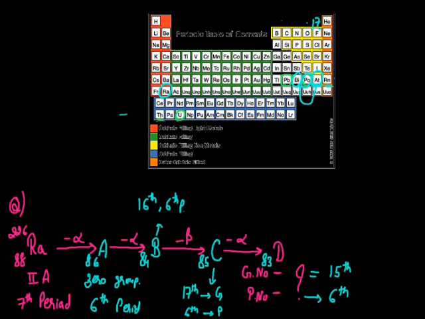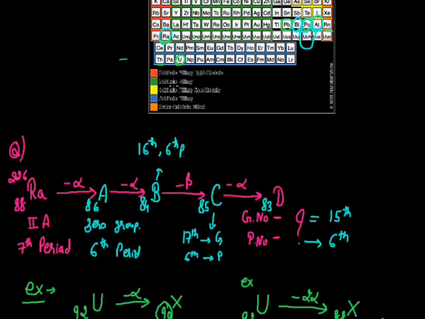But when this thorium emits one more alpha particle, it will first be converted into actinium, followed by conversion into radium, and as radium has atomic number 88, it is part of the second A group, and the period number is the 7th period. That is how we can solve questions based on the lanthanoids and actinoids.